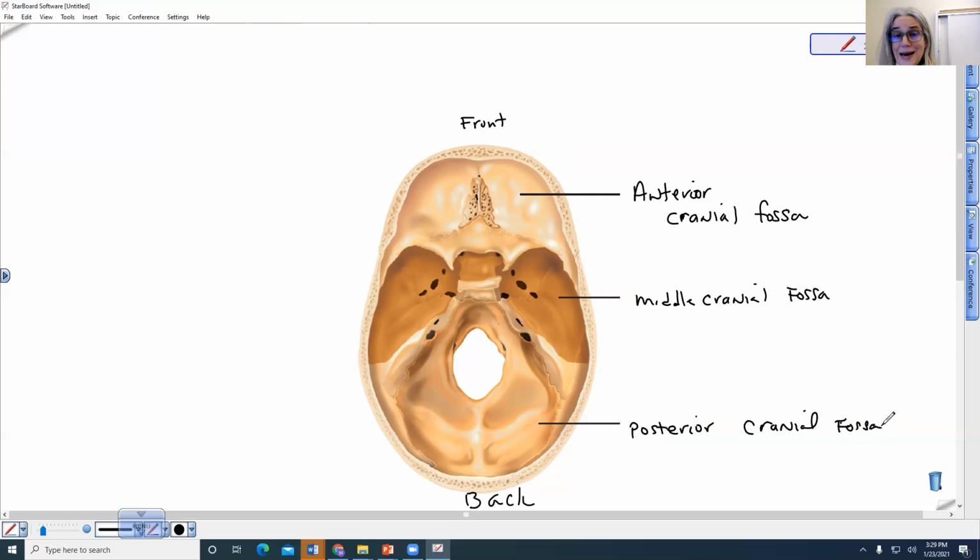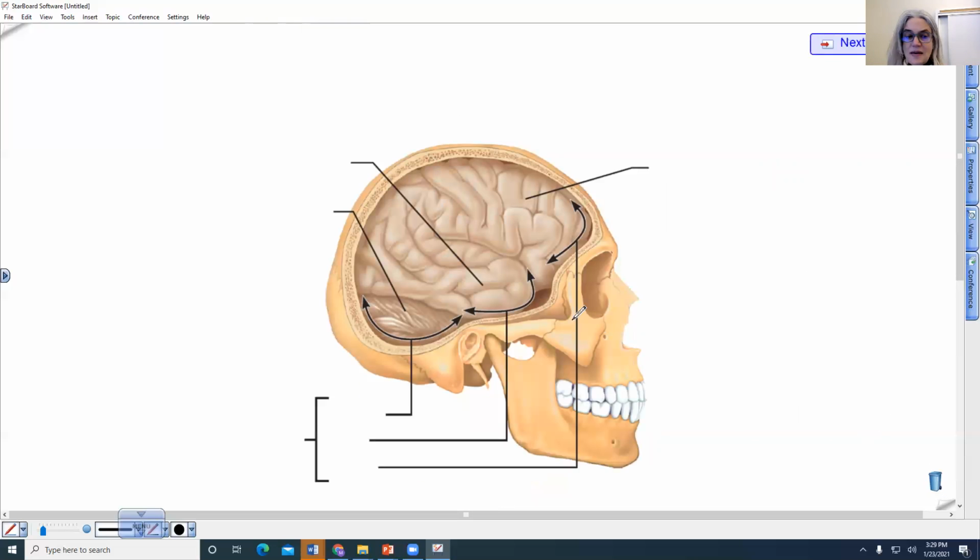So the cranium protects the brain, and we can look and see what parts of the brain are situated in these different areas. If I look at my brain in this, I can see that we have, for example, the frontal lobe. So this is my frontal lobe that is in that anterior cranial fossa.